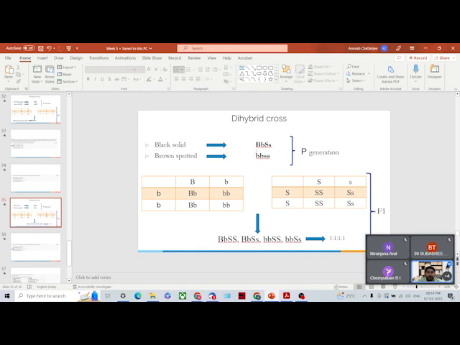So when we cross only the black and brown alleles, we have capital B versus small b. When we draw the Punnett square, we have capital B going with small b, capital B, small b on this first column, and similar in the second column. Capital B, small b, and small b, and small b. So these are the combinations, so heterozygous and homozygous recessive that we get from the first cross.